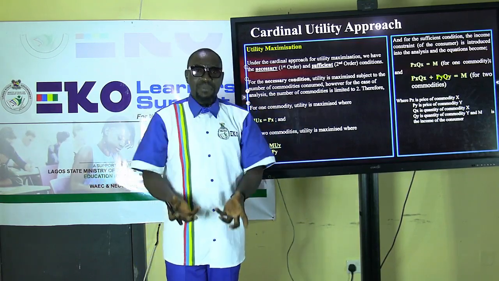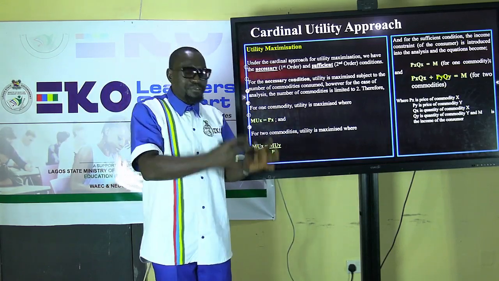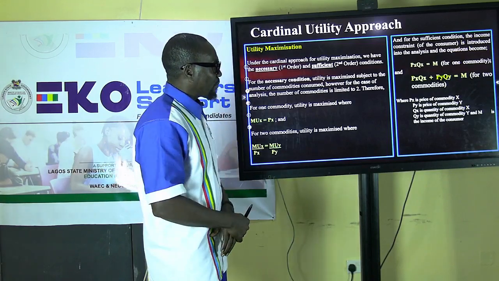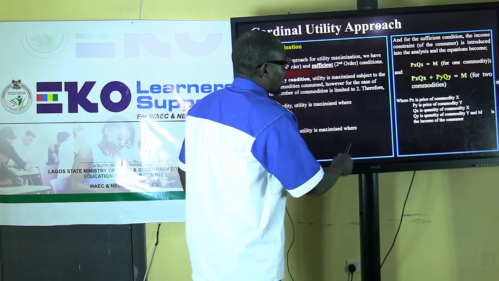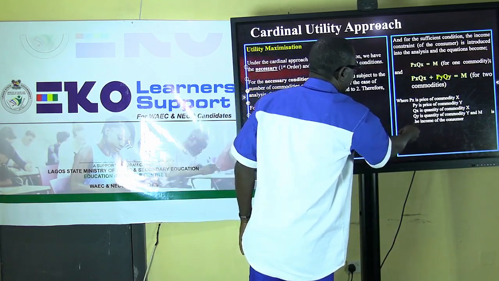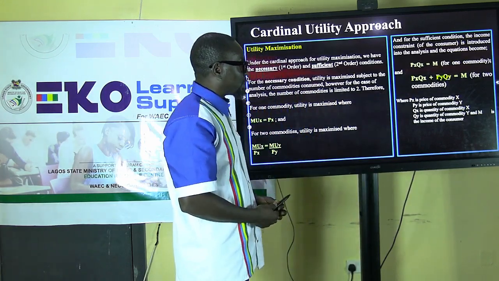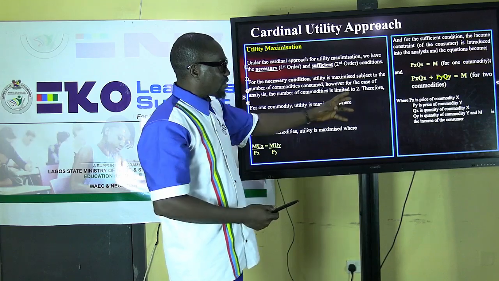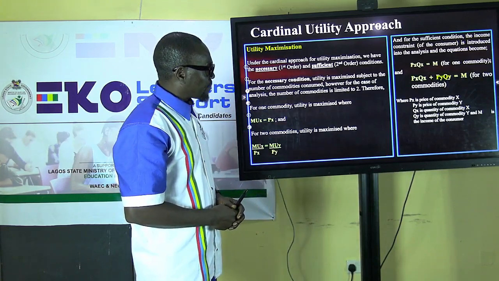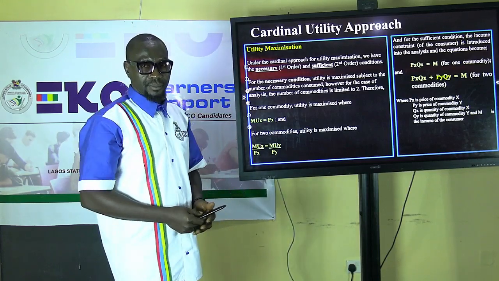So I maximize my utility when I've expended the totality of my income on purchasing the different bundles of products available to me. And this is self-explanatory. This is just a note to say that Px is the price of commodity X, Py is the price of commodity Y, Qx is the quantity of X, Qy is the quantity of Y, and M is the income of the consumer.